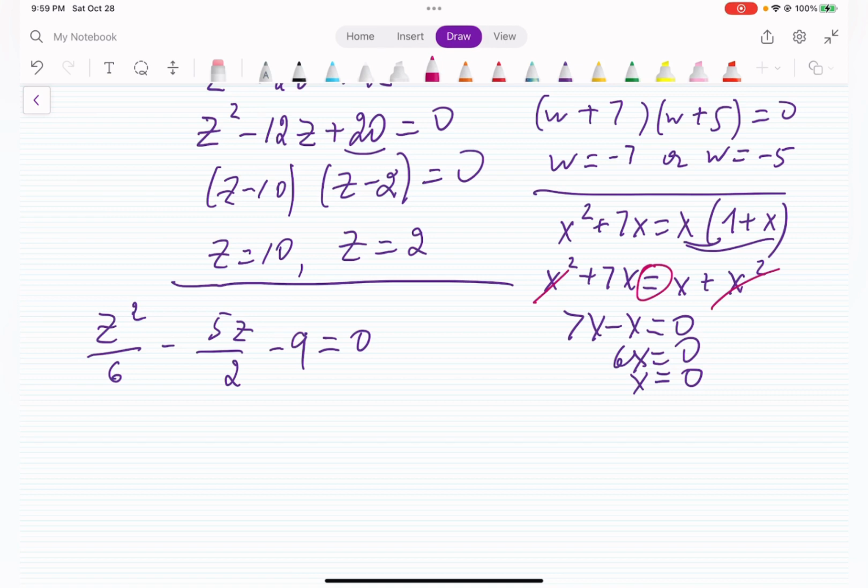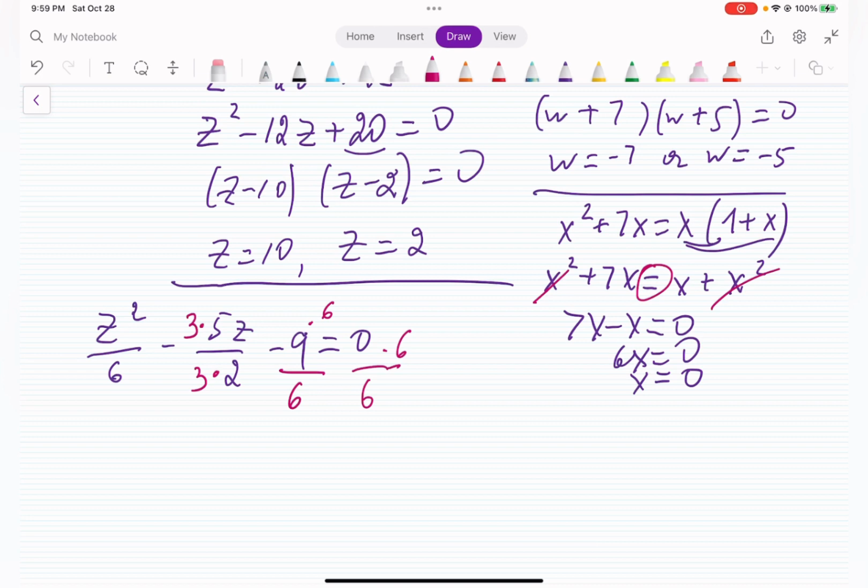Okay, bringing to a common denominator, I have 6 and 2. Common denominator is 6, which means 2 I have to multiply by 3 to get 6, which means here also multiply by 3. Whatever change we do to the denominator, we do to the numerator. Makes no sense to put the 6 here because it's going to be 0 anyway.